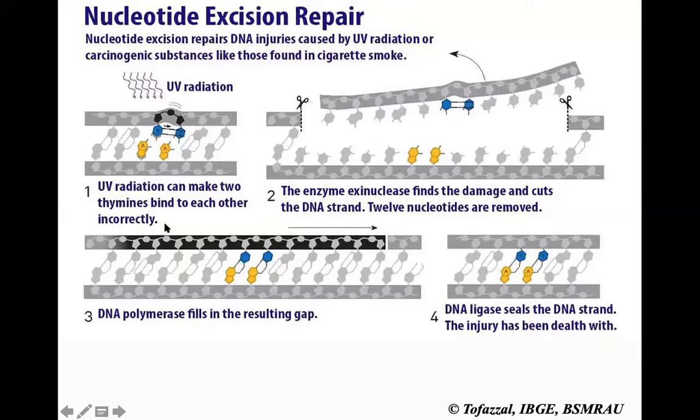DNA polymerase polymerizes the oligonucleotide, and in the correct order places the complementary sequence on the other side. Then DNA ligase seals the DNA strand, and it is now repaired. The injury has been dealt with, which means that the injury is repaired.